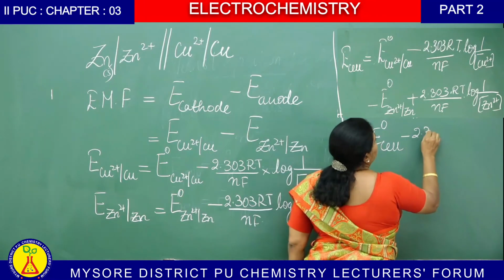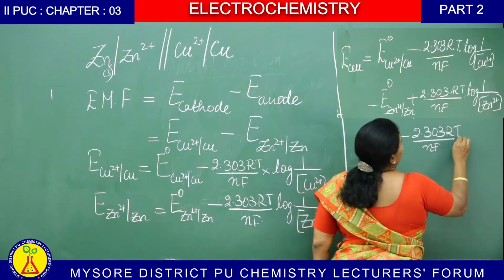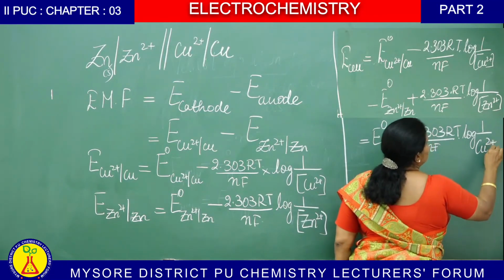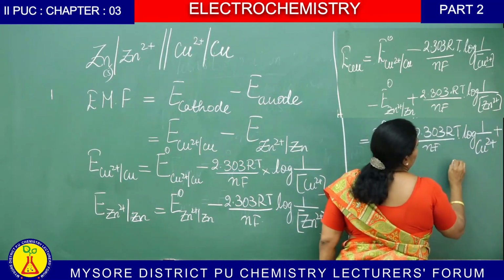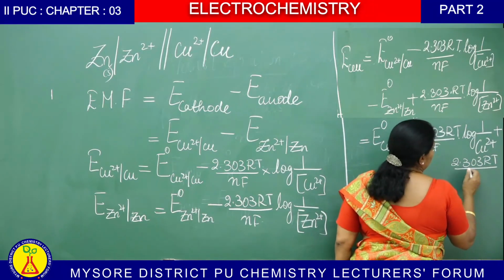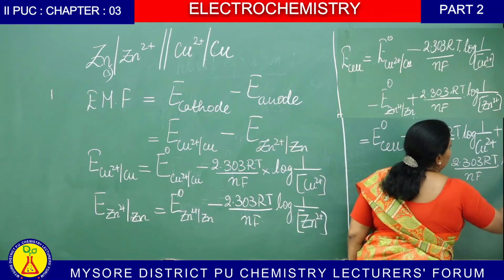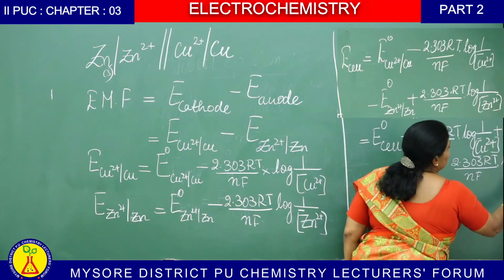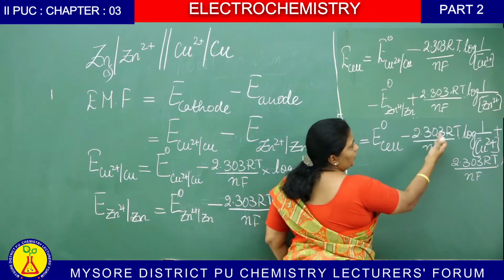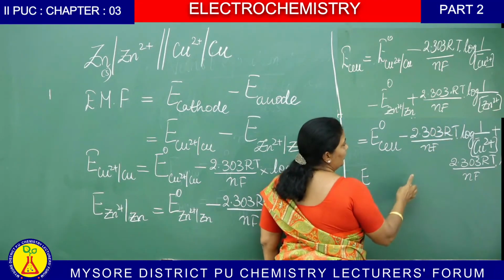Then we have minus 2.303 RT by nF into log of 1 by Cu2+, and 2.303 RT by nF into log of 1 by the concentration of Zn2+. I can take out the common terms, which is minus 2.303 RT by nF.